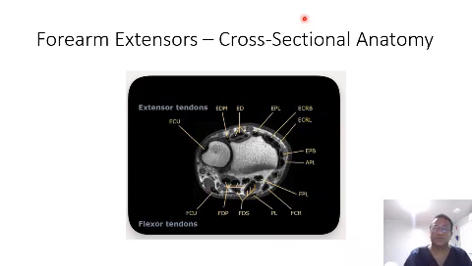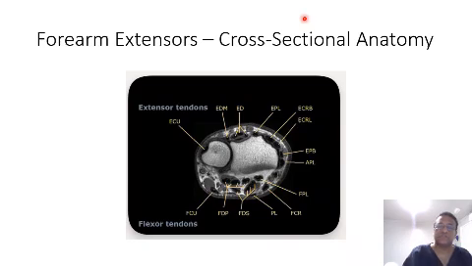This image captures the complexity and elegance of tendon architecture at the distal forearm, where muscular effort is translated into fine motor control. So we'll see the overview of the forearm extensors here.